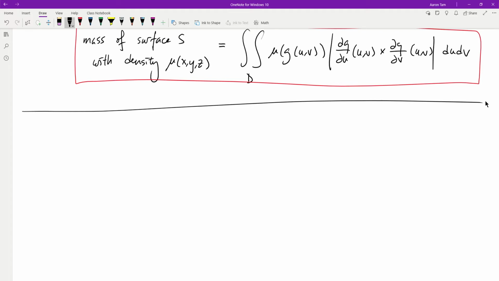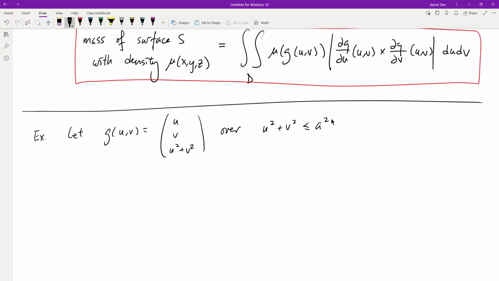Okay, so here's the example. Let g of uv equal (u, v, u squared plus v squared), over some kind of domain, u squared plus v squared less than or equal to a squared.